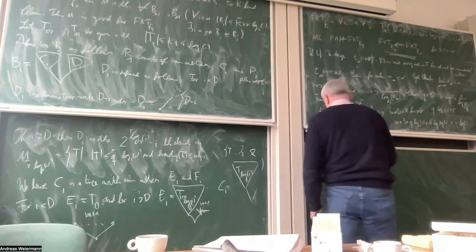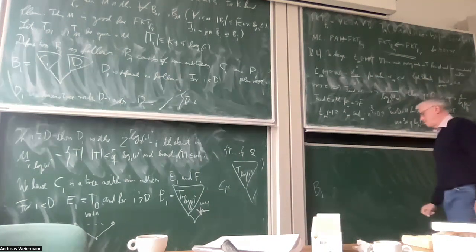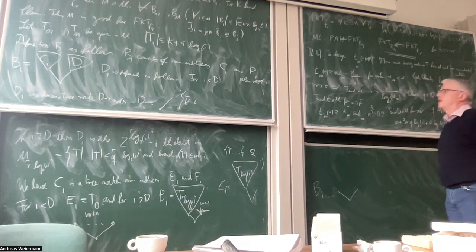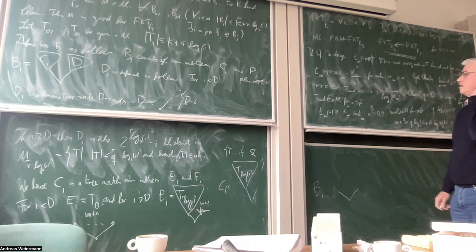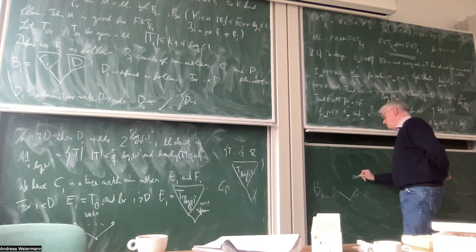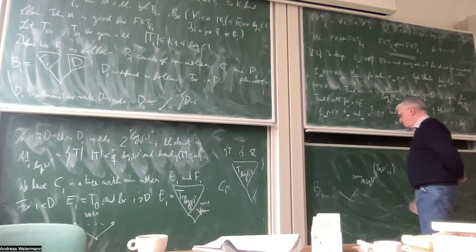So what is BI? Assume that I is big. And we have basically the following situation. Here we count 2 to the binary log of I as element.